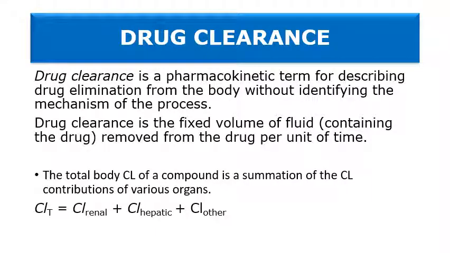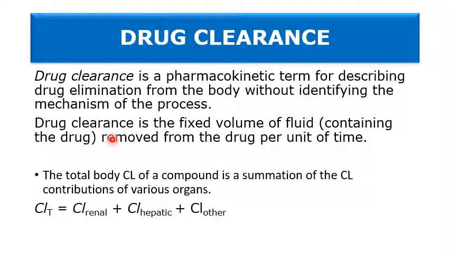We have an important term which is drug clearance. Drug clearance is a term that can describe the elimination of a drug from the body without identifying the mechanism of the process of elimination. Drug clearance can be defined as the fixed volume of a fluid containing the drug that has been removed from the body per unit of time.